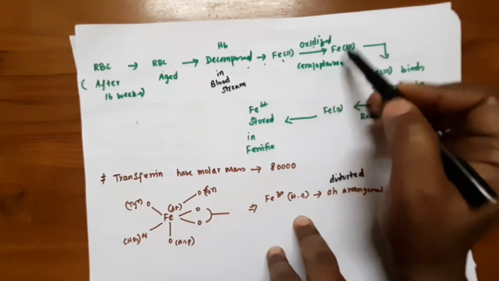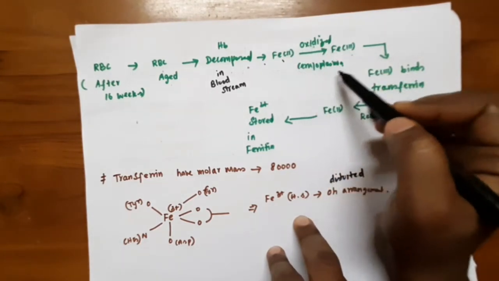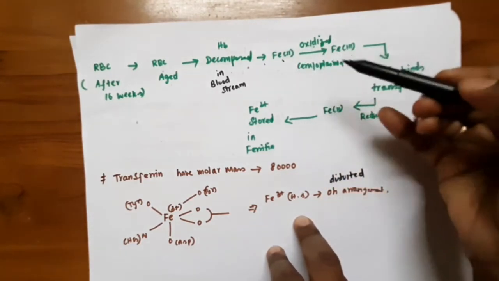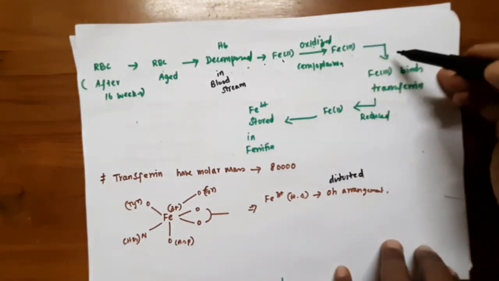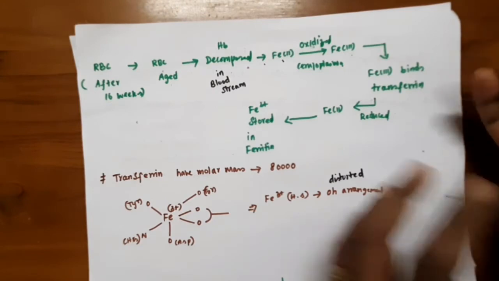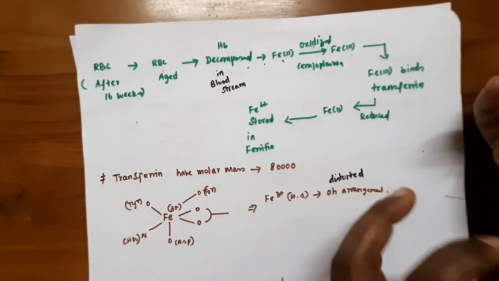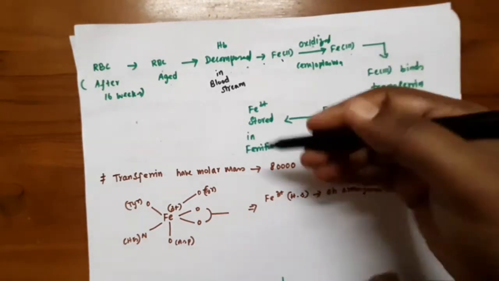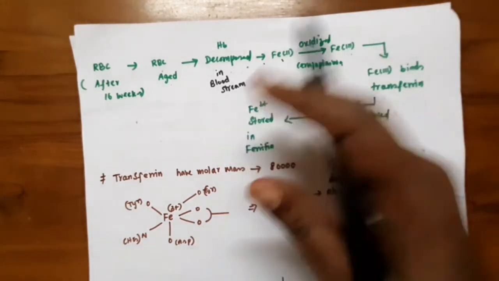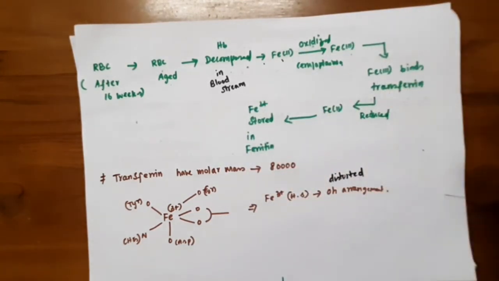This oxidation is carried out by the ceruloplasmin, the copper-containing enzyme, the blue copper protein, and this Fe3+ binds to transferrin. After binding with the transferrin, the Fe3+ suddenly gets reduced to Fe2+. Again this Fe2+ is stored in the ferritin. So it is again a cyclic mechanism.